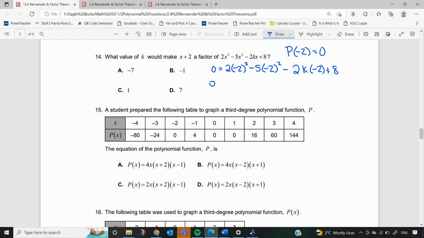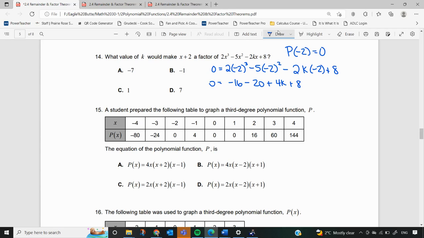And then we're simplifying. So we've got 2 times negative 8 is negative 16, minus 5 times 4, so minus 20, plus 4k. Remember, we've got a negative and a negative makes a positive, plus 8.